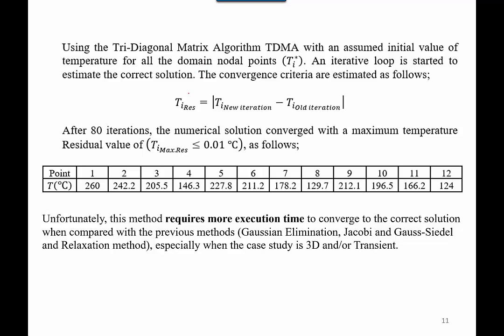each iteration you compute the residual for each nodal point, which is I, and then you will calculate this value by taking the absolute value of the difference between the same temperature value with this new iteration and with the old one, and you will end with a value that has to reach our residual maximum value, which is assumed at the beginning of the program, which is 0.01 degree centigrade.